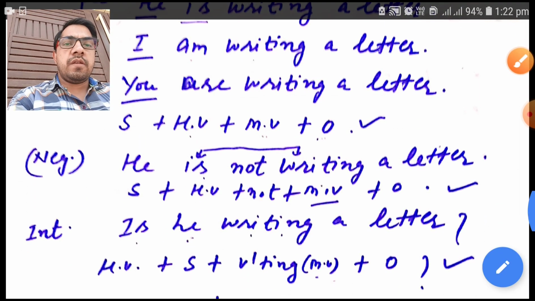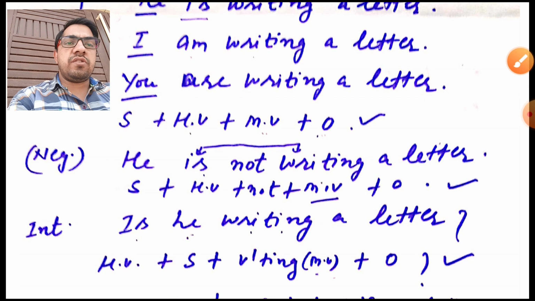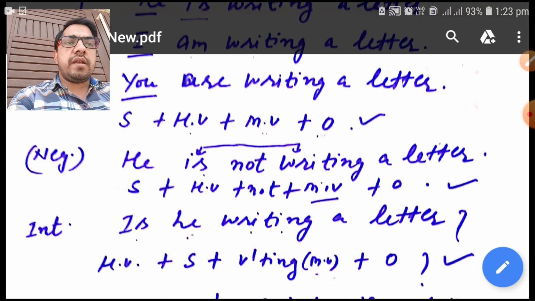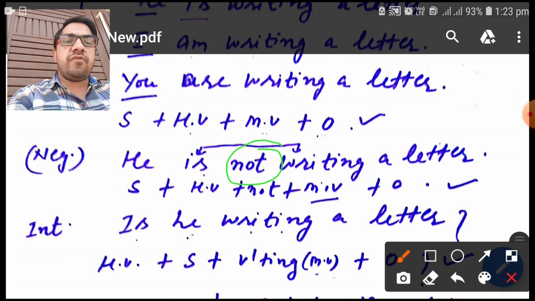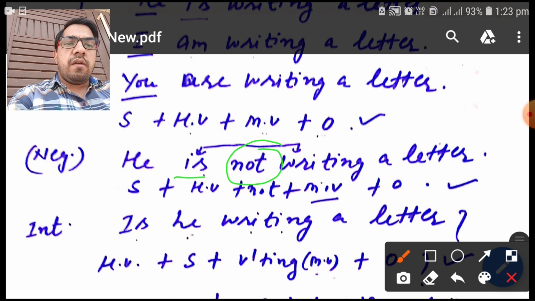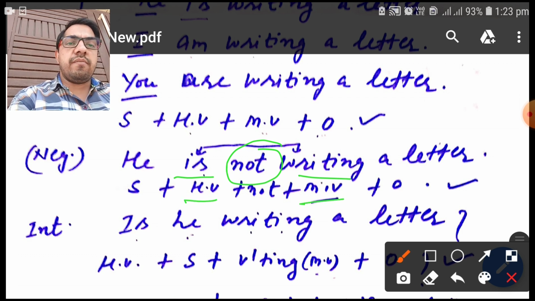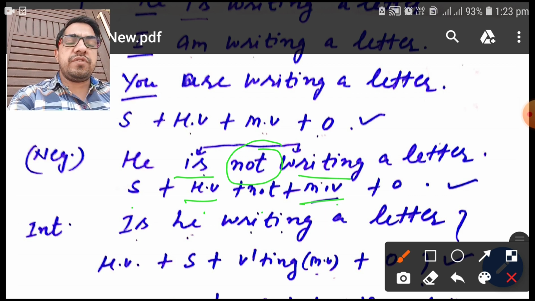Negative sentence: he is not writing a letter. I have already told you one more thing, that we should always use the negative form, I mean not, between the helping verb and the main verb. Here is is the helping verb and writing is the main verb. Subject plus helping verb plus not plus main verb plus object.